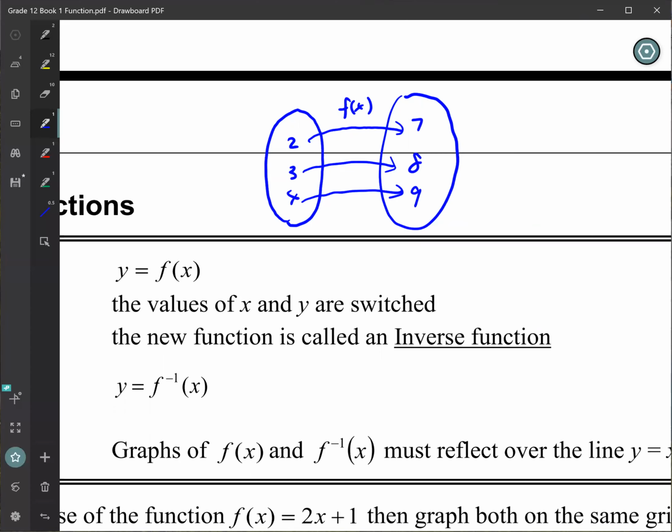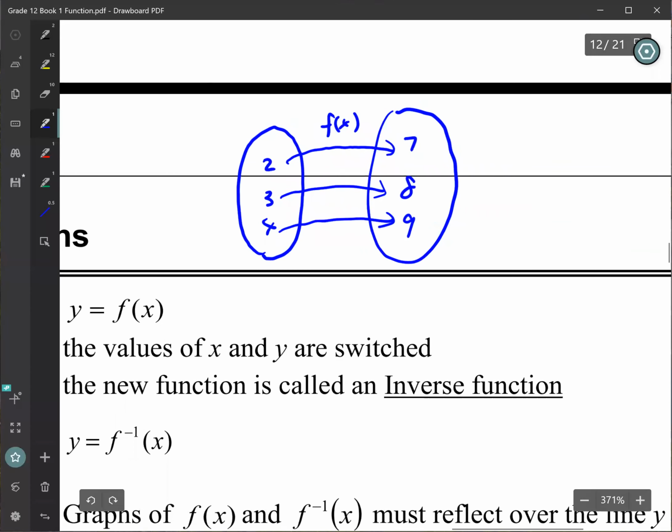So what do you think the function is? How do I go from x here to become the y there? Donna, what's the f of x that will work? What should we do to make all the input become all the output there?